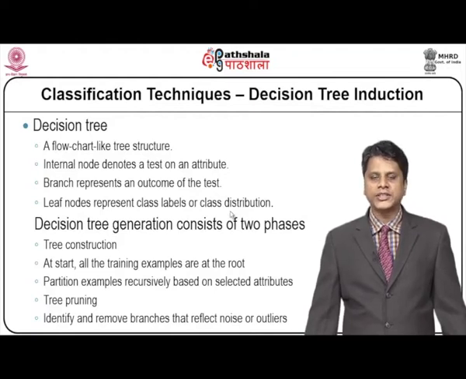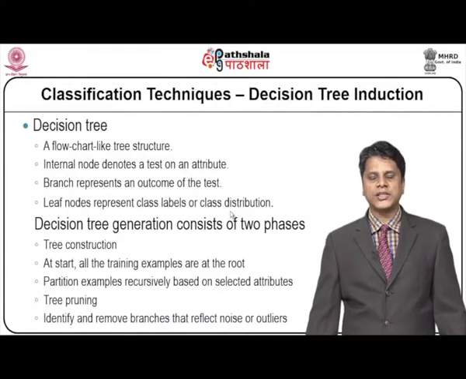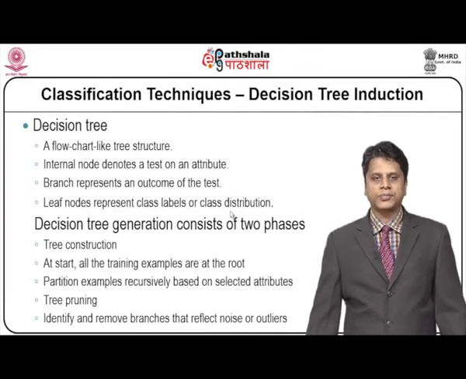Decision tree generation has two phases, one is the tree construction phase, the other one is the tree pruning phase. As part of tree construction, at the start all the training samples are considered at the root. So, we partition examples recursively based on selected attributes.